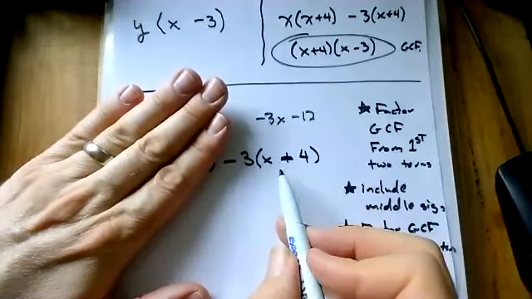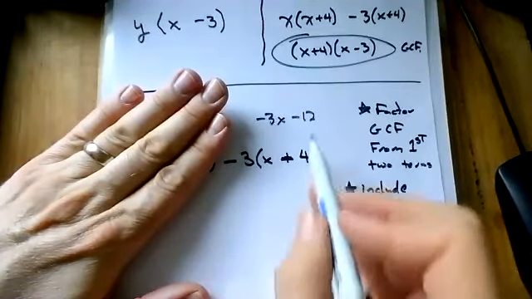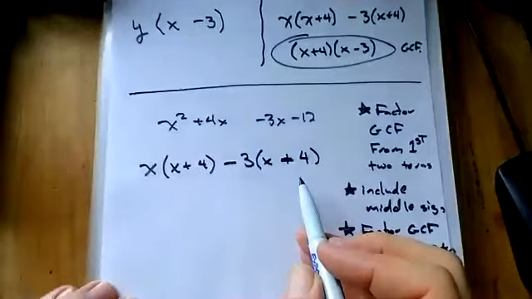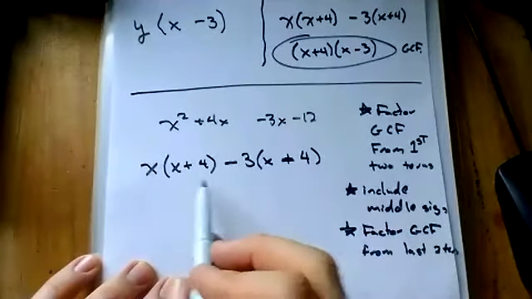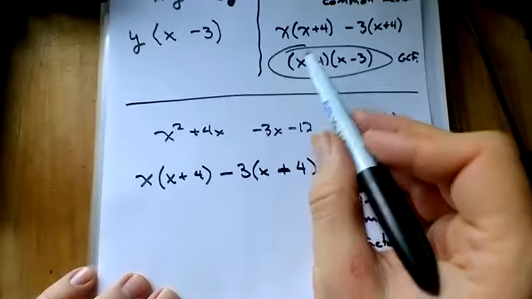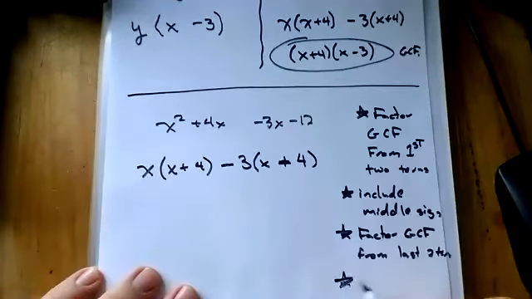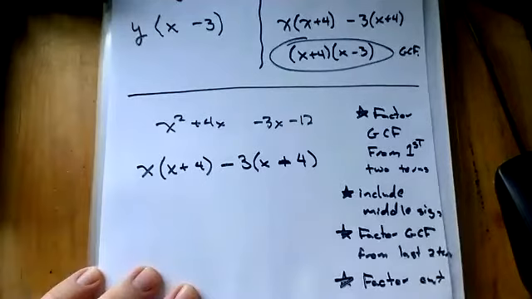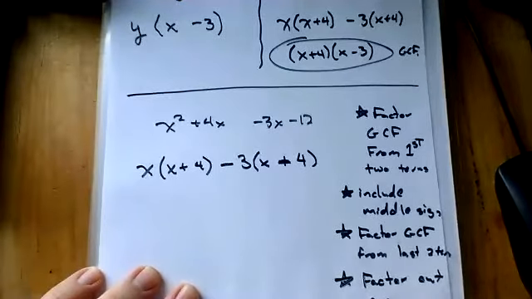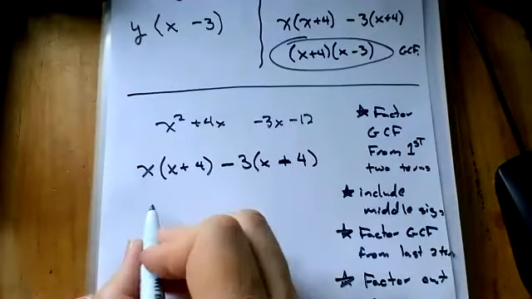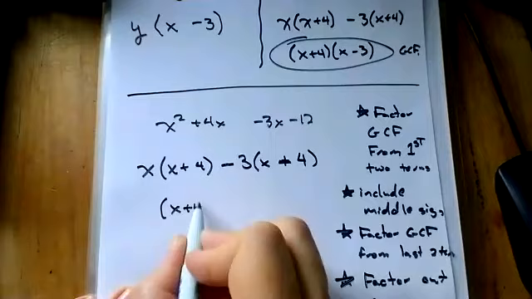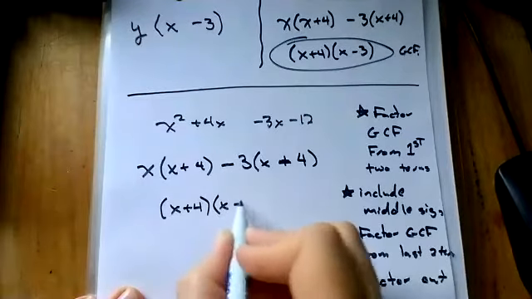Negative 3 times x is minus 3x. Negative 3 times 4 is minus 12. And this should look fairly familiar, especially since it's right up here at the top of the page. And then we're going to factor out our common binomial. So now what I'm factoring out is that x plus 4, and I've got my x minus 3.